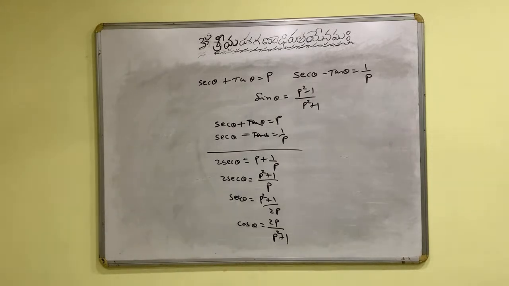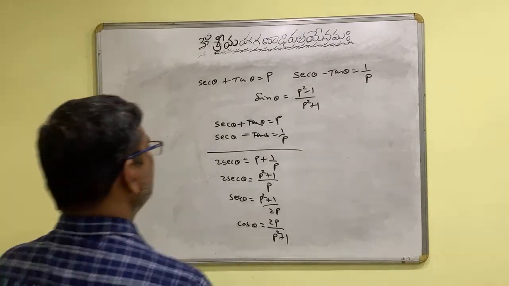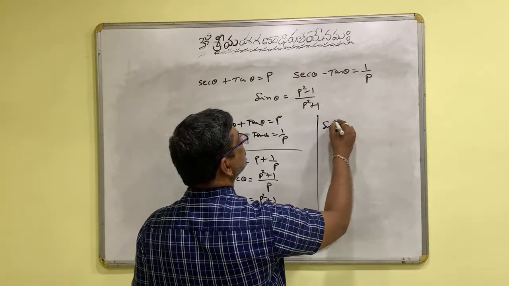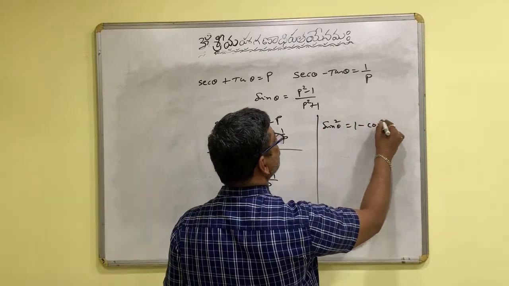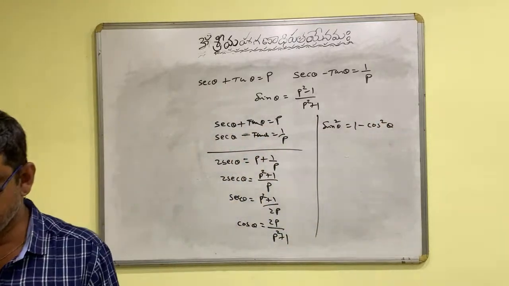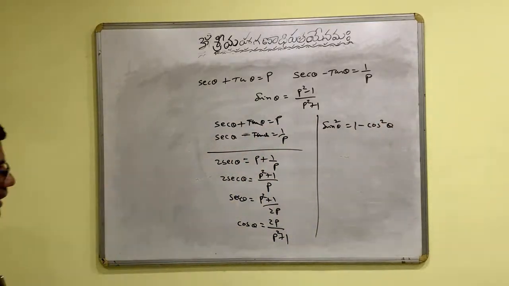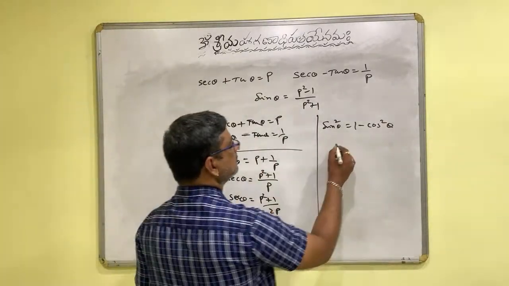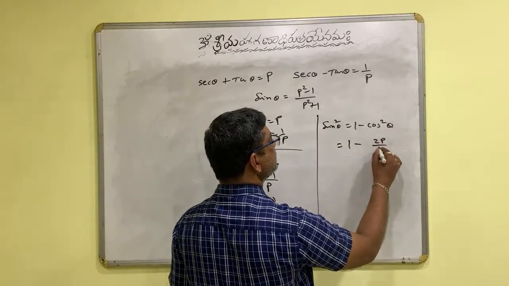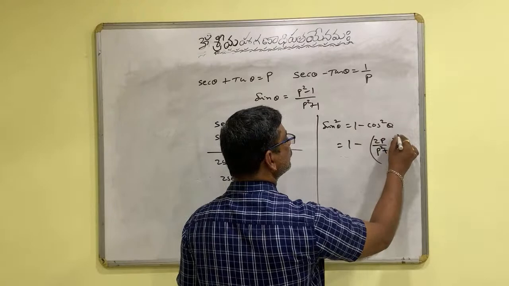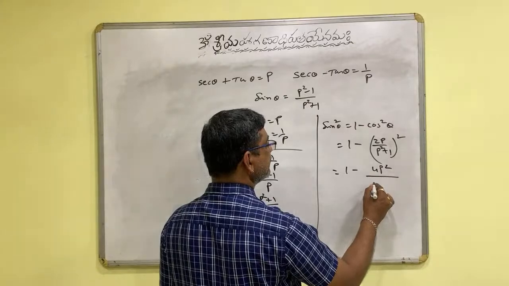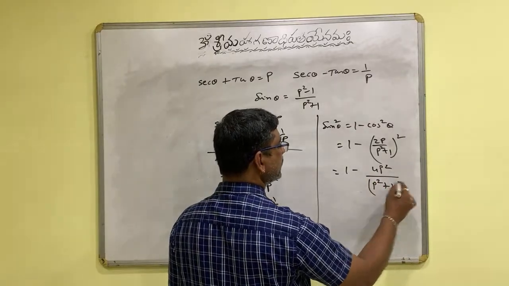Now children, we have the cos theta value. Can we find out sin theta? So sin square theta is equal to 1 minus cos square theta, na? From the first identity, sin square theta is equal to 1 minus cos square theta. Substitute the value there. 1 minus 2P by P square plus 1 whole square. 1 minus 4P square by P square plus 1 whole square.